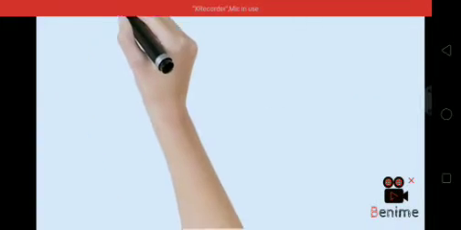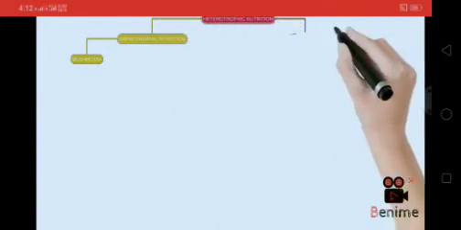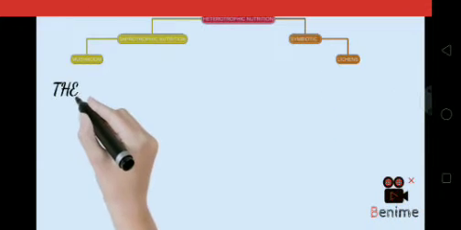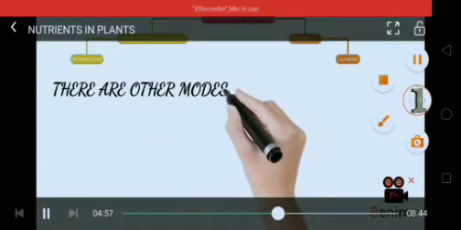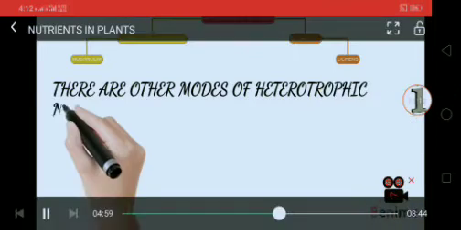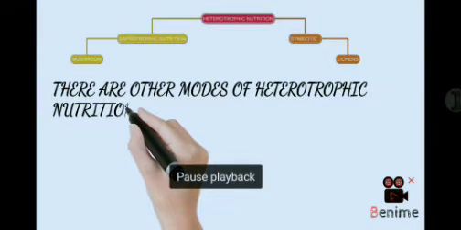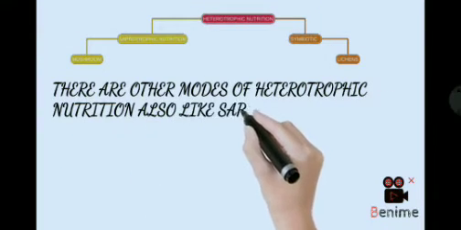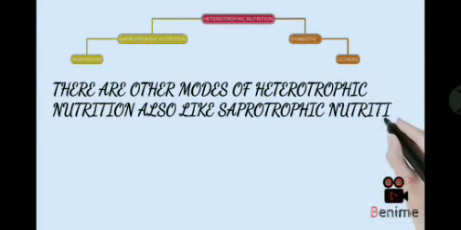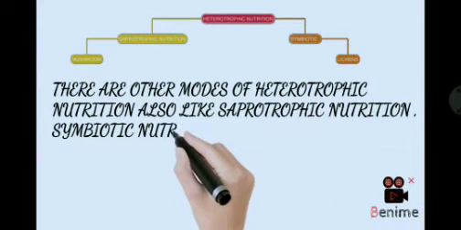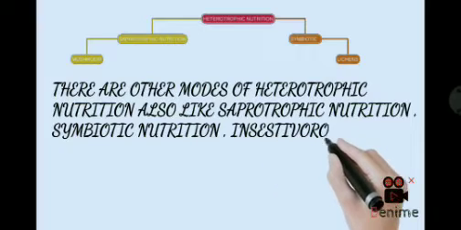Okay, so let's go further. Now we will learn about the types of heterotrophic nutrition. In heterotrophic nutrition we also have other types, for example saprotrophic nutrition like mushrooms, and symbiotic relationships, for example lichens.